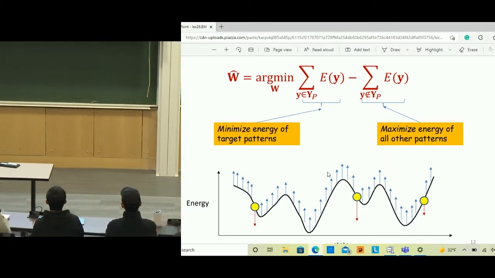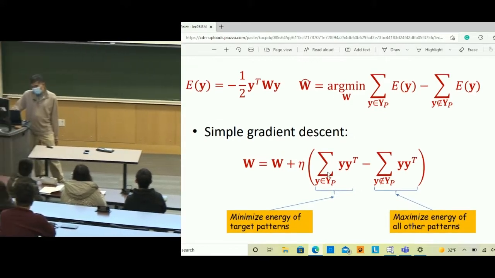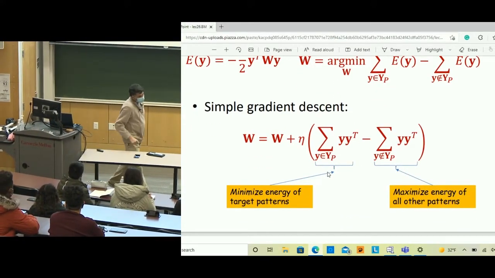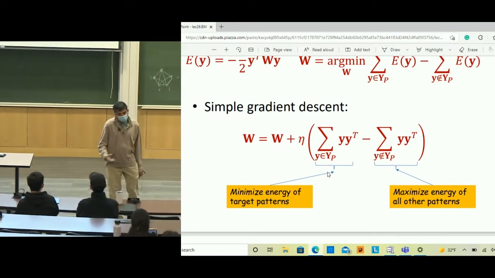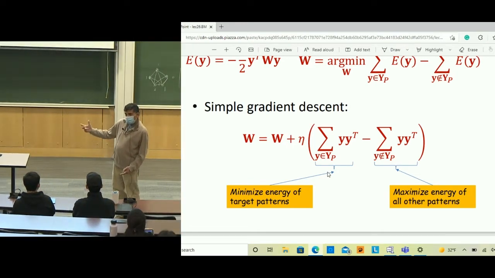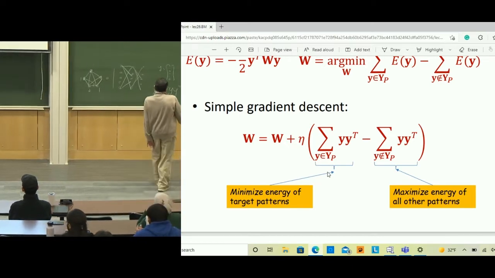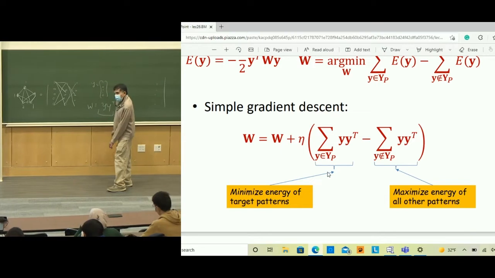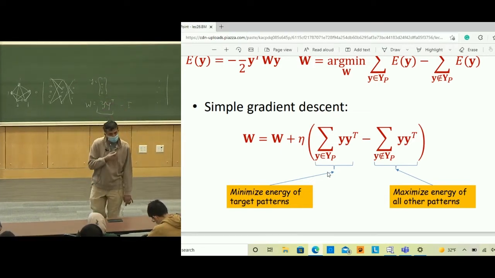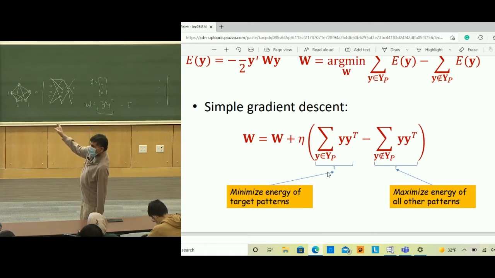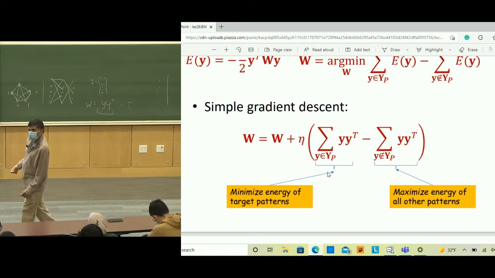And if you simply use gradient descent to do this, you end up with a formula which looks just like the one that I just saw: you're iteratively updating the weights with a gradient which is the sum of two terms. The first is simply the average of this product term over all of the patterns that you want to remember. The second is the average of the product terms over all the patterns that you don't want to remember, and you're subtracting the second from the first.